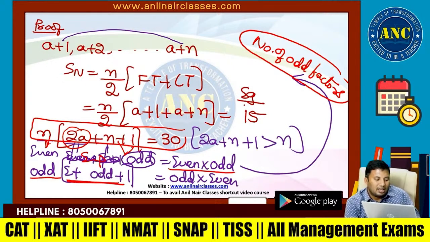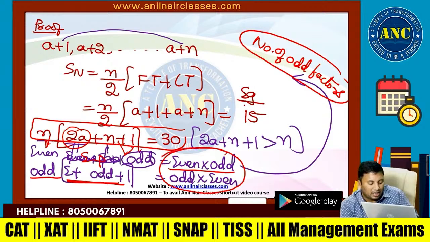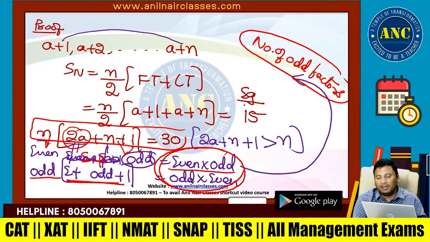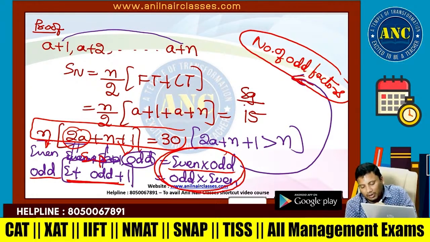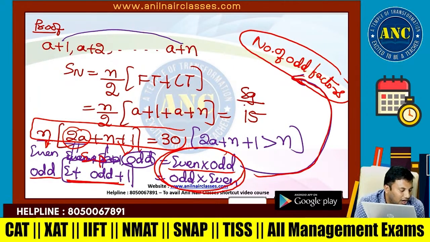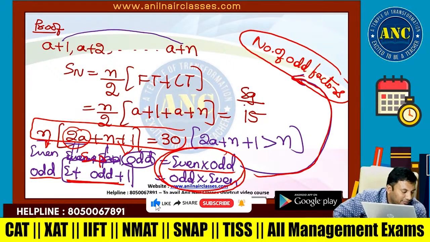Even plus even is even. In how many ways can you write a number as a product of odd into even? It is nothing but the number of odd factors. For 1 or more. For 2 or more, that one case we have to eliminate. So the answer is the number of odd factors minus 1.